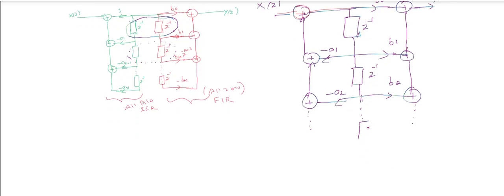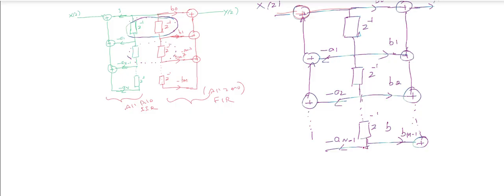So delayed by unit delay element. Here, minus AN, this is BM coefficients, BN minus 1, minus AN minus 1, BM minus 1.